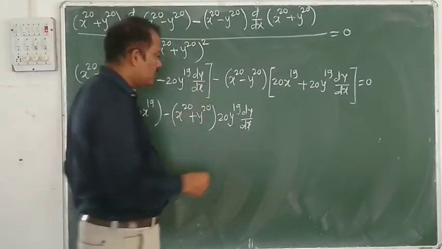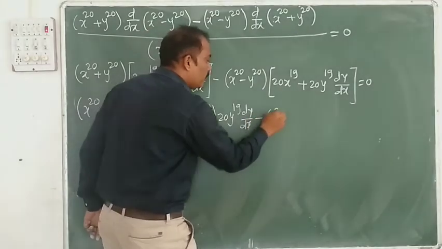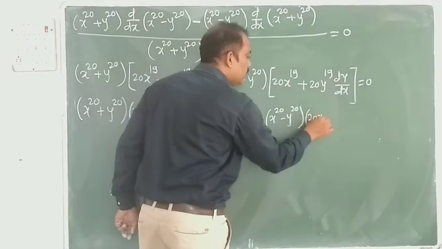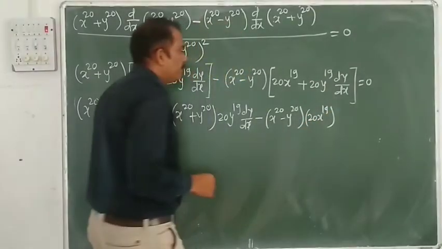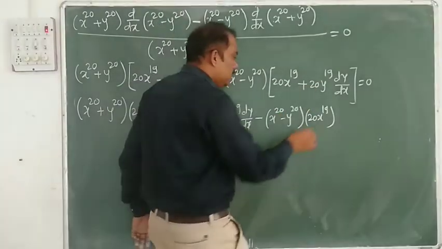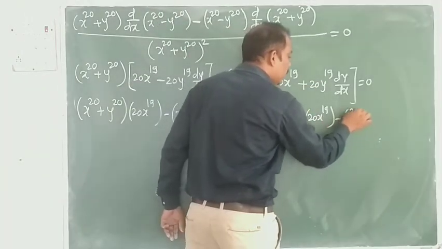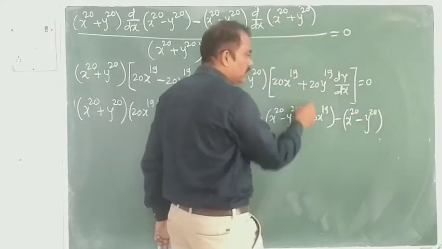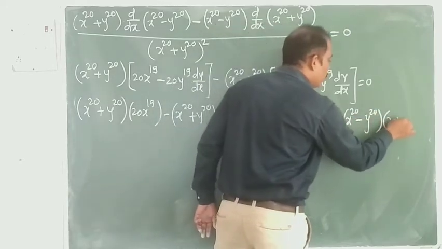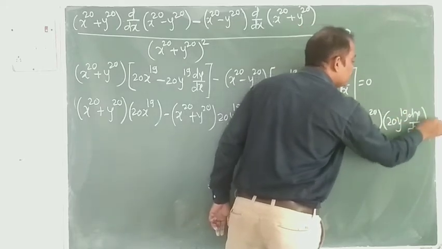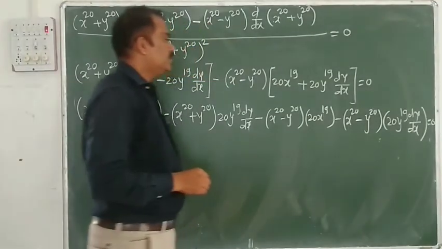Now for this one also, minus (x raised to 20 minus y raised to 20) into 20 into x raised to 19. Now this bracket into the second term, that is minus (x raised to 20 minus y raised to 20) into 20 into y raised to 19 dy by dx is equal to 0.